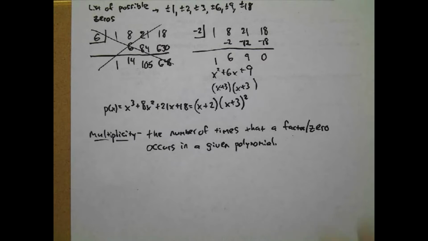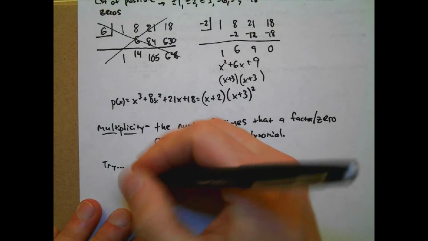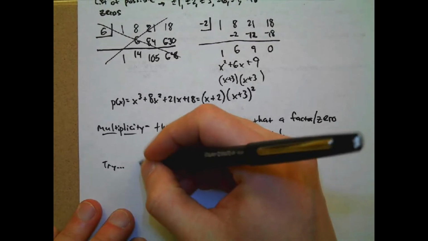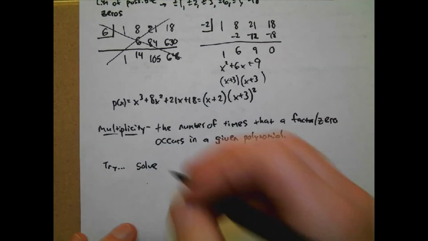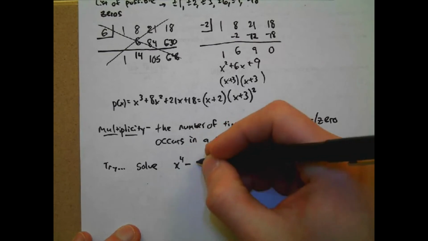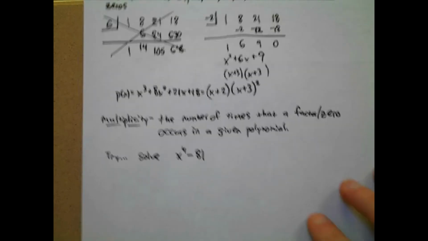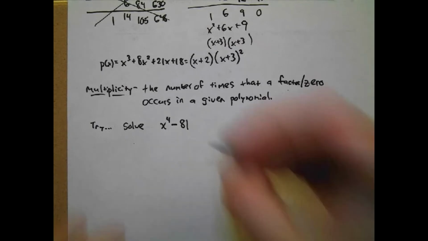Okay. So let's have you guys try one. Solve x to the fourth minus 81 equals 0.